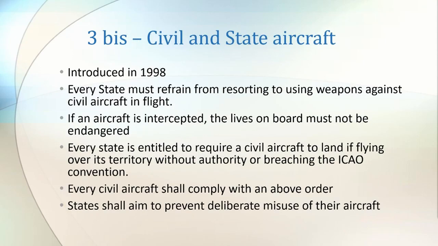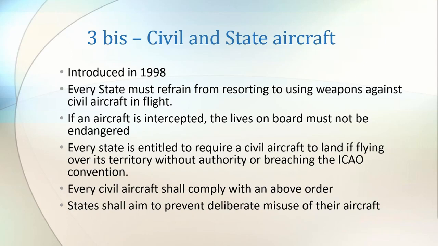In 1998, Article 3 was extended. This section was called 3 BIS. It outlines that every state must refrain from resorting to using weapons against civil aircraft in flight, and that if an aircraft is intercepted, the lives on board and the safety of the aircraft must not be endangered.